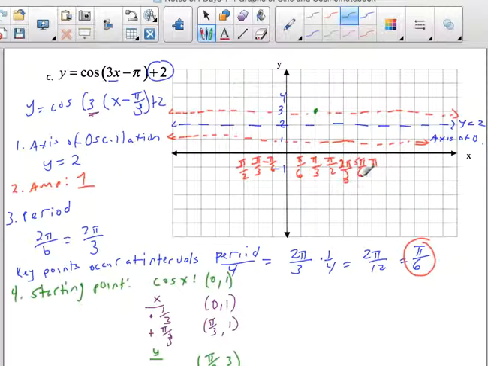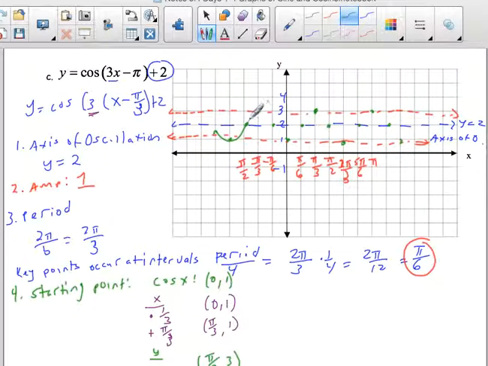And then every pi over 6, so every pi over 6 is every square, the way I've drawn this, I'm going to go from a maximum to the midline, and then from the midline to the minimum. And I'm going to continue on with this pattern, plotting all of the key points at intervals of pi over 6. So I'll plot a few more of these.